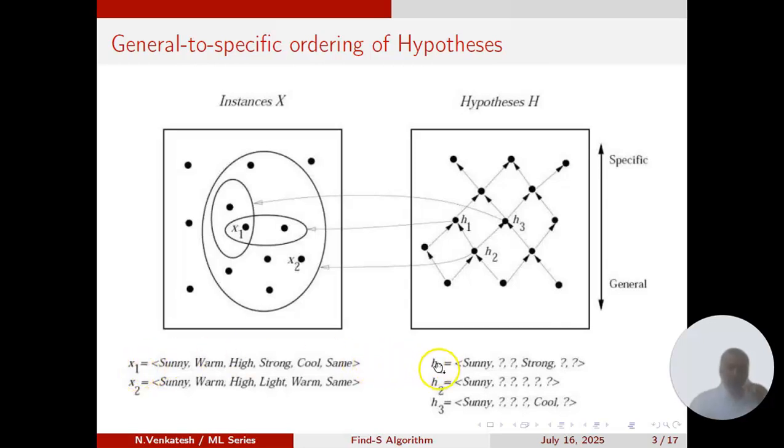That means x1 satisfies the H1 condition, because it also has sky condition sunny and wind speed strong. But x2 is not covered by H1, because as per H1 the sky is sunny and the wind speed must be strong, but in x2 the wind speed is light.